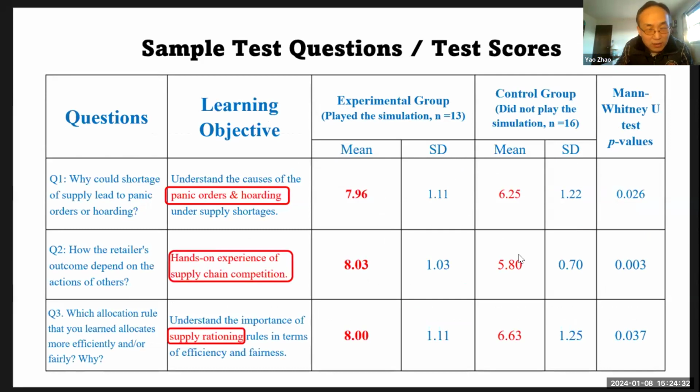We embedded it in the exam to test students' understanding of the causes of panic orders and hoarding, what caused this behavior, and also understanding of supply chain competition and the importance of supply rationing rules. We find that students who played the game achieved a far better score than the control group who didn't play the game but were just taught by lectures.